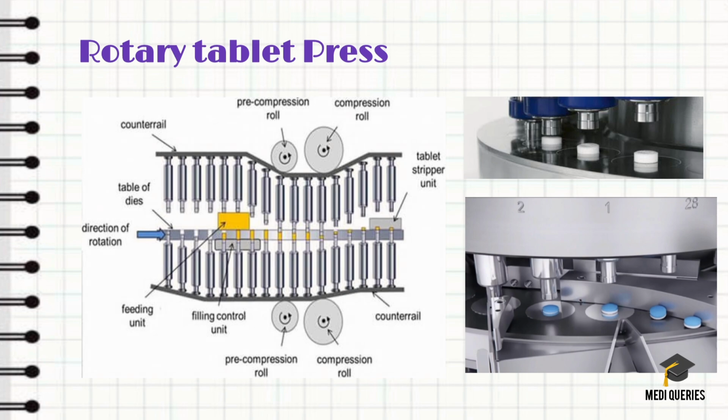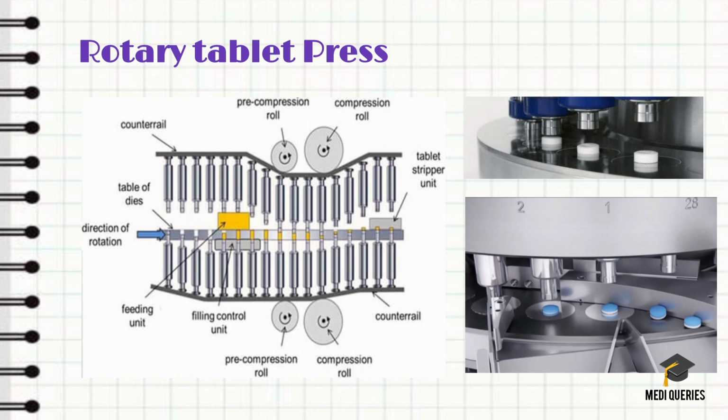They come in single rotary or double rotary designs, depending on the output needed. The machines mainly offer adjustable speeds, pressures, and dwell time, making them versatile for different formulations here.